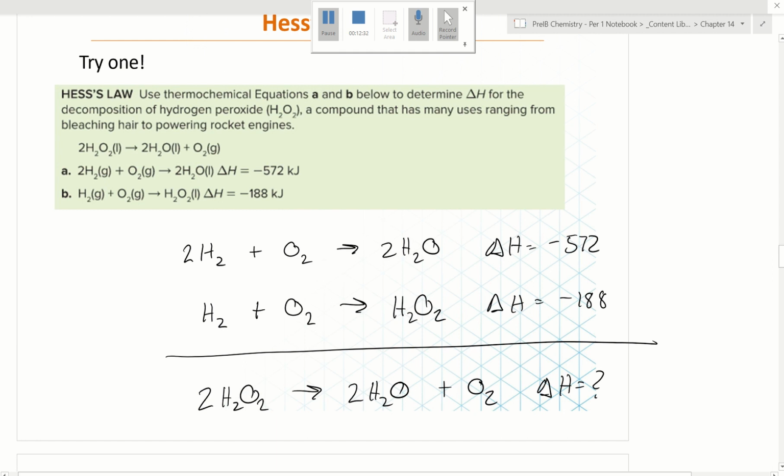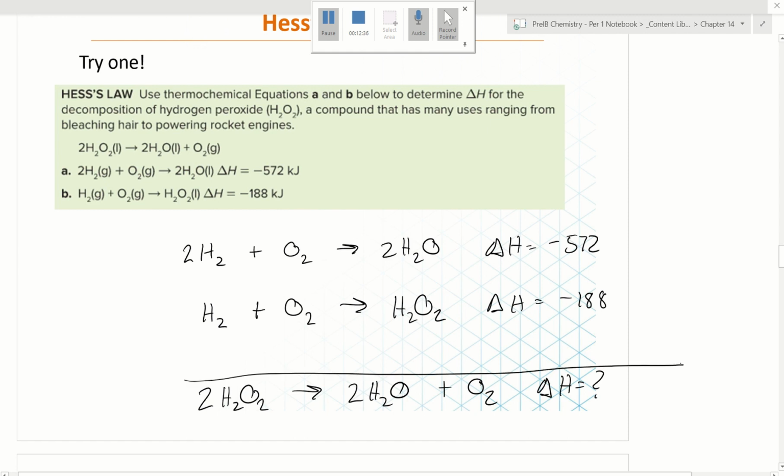Well, I first have to make my reactants reactants and my products products. So my only reactant is H2O2, and it's a product over here. So I need to flip this equation. H2O2 yields H2 plus O2 with a delta H of positive 188.